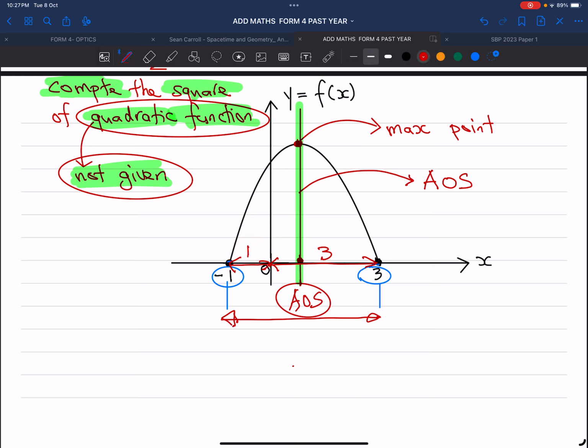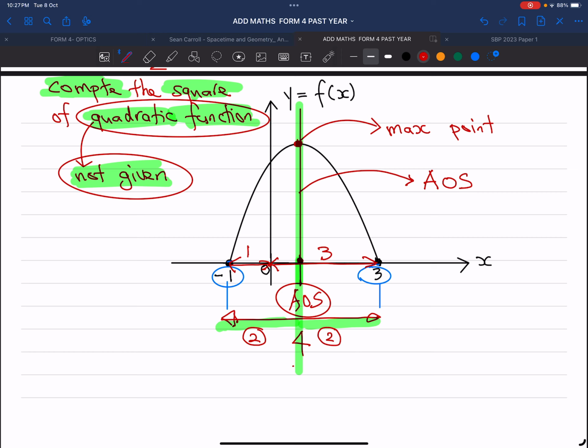That is the total length. And we know that this axis of symmetry will divide the graph into two equal parts. I'm just going to shade this, which means this part and this part must be equal. That means 4 divided by 2, this will be 2, and this will be 2.